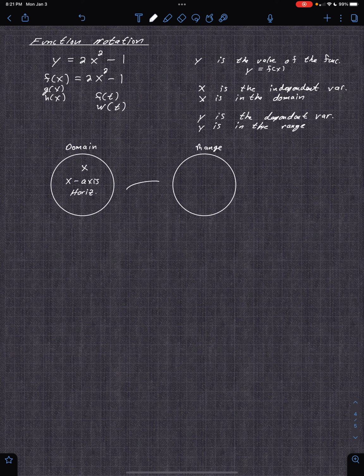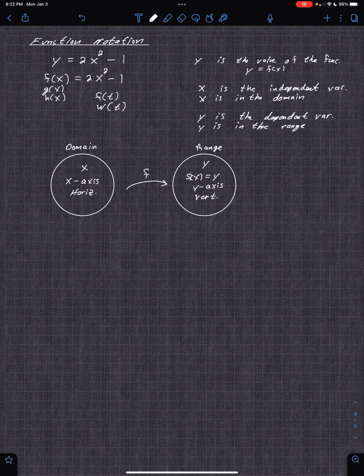Then you have some sort of function name, your f or g or h. And that's your range. We often use y, where we say f of x equals your y. So your f of x is over here, and that's the value of the function. This would be the y-axis, or usually the vertical axis.